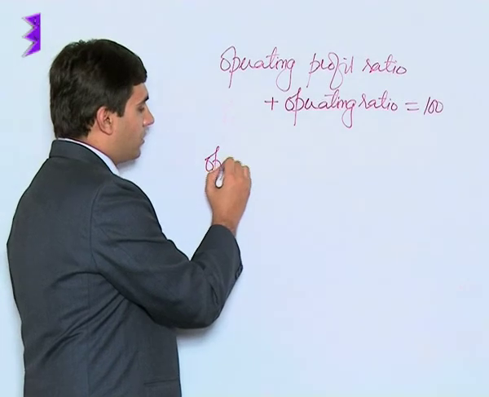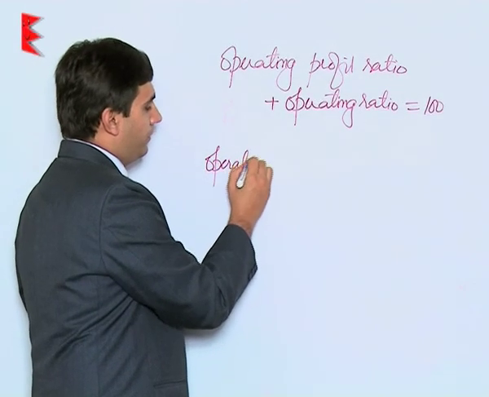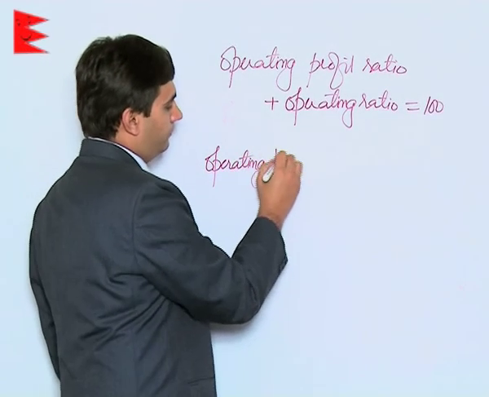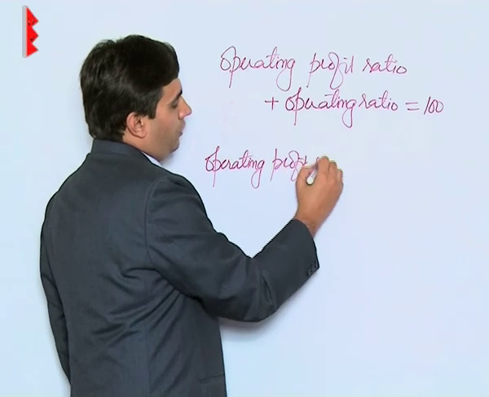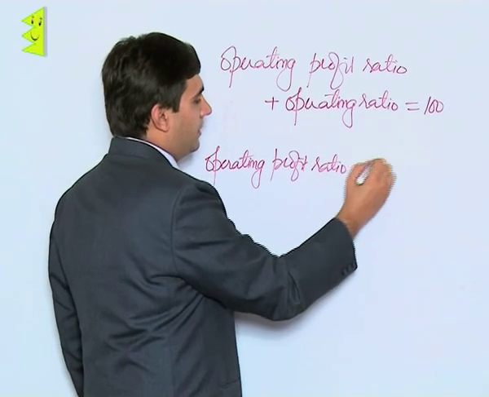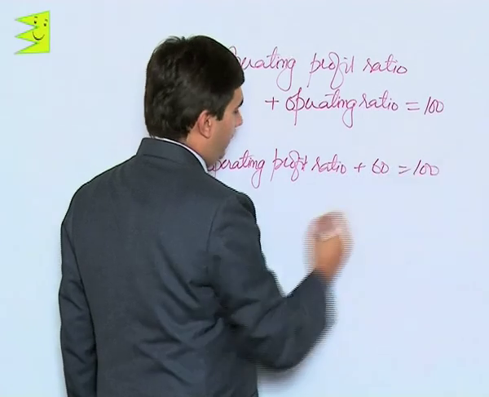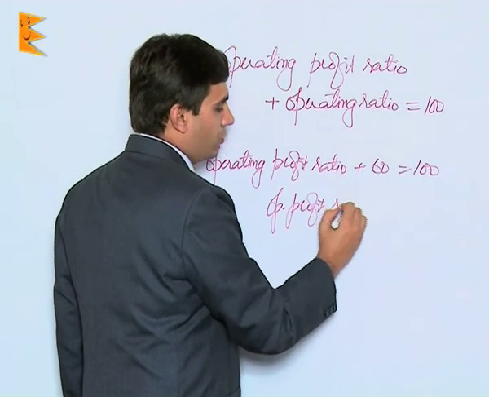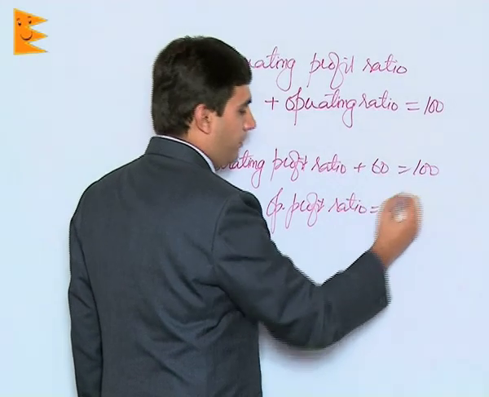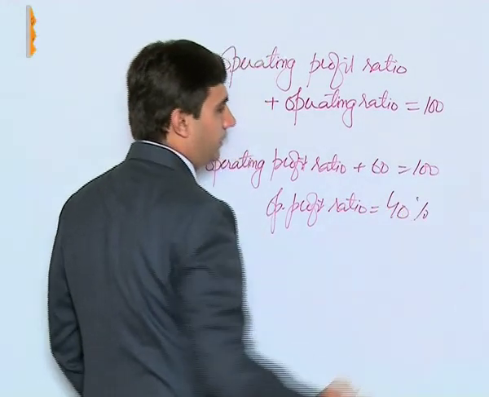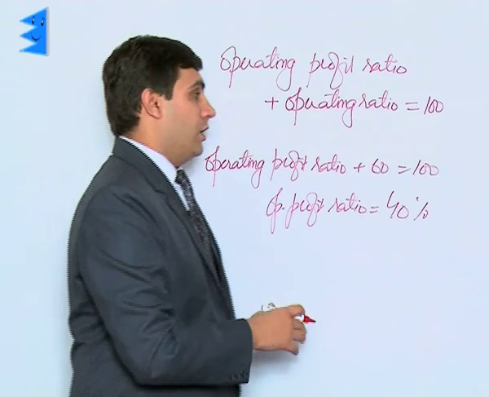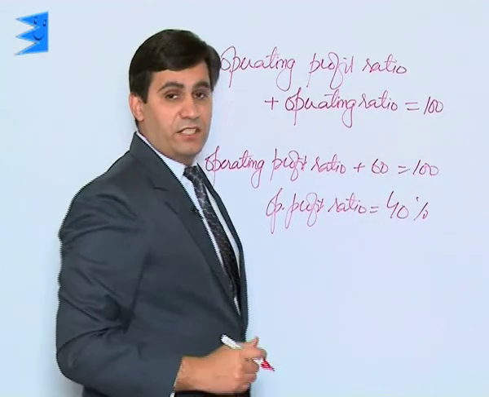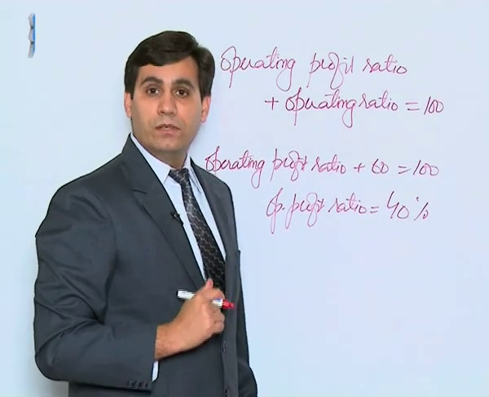So if somebody wants to know what is the operating profit ratio, so operating profit ratio plus 60% is equal to 100. That means operating profit ratio for this question would be, subtracting it, that is 40%. Obviously, I have not used percentage signs here, but the answer is in terms of percentage.